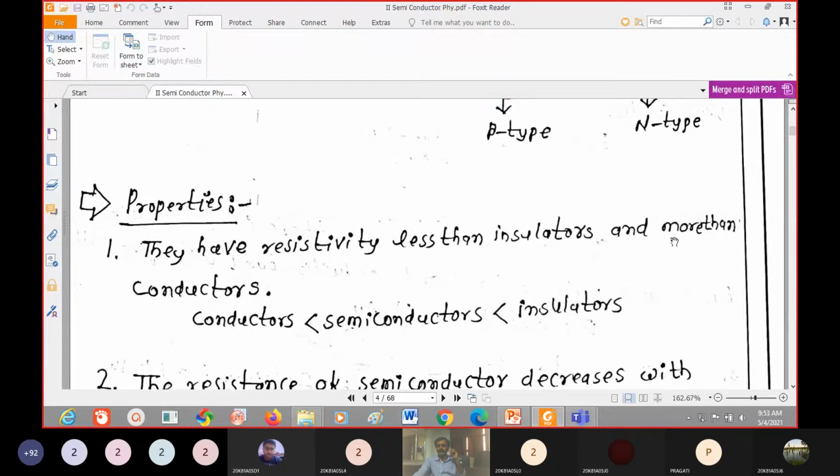The resistivity of a semiconductor is less than that of insulators and more than that of conductors. That is, the resistivity range is in between conductors and insulators.